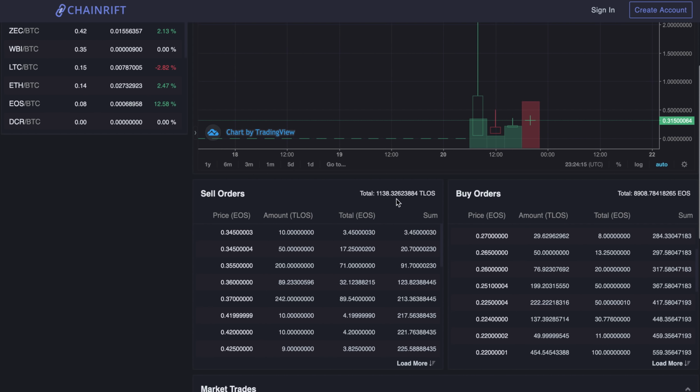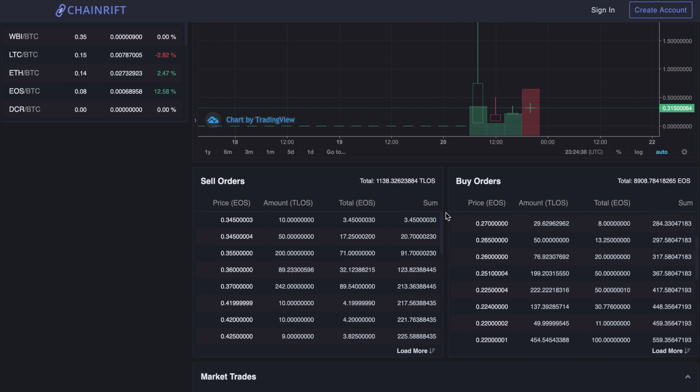If you look at this, it's only 1,138 Telos for sale, while the buy orders are 8,900 EOS. That means 3 times that if we consider the price of 0.3, or 4 times that. So you're looking at almost a demand for 32,000 Telos versus only 1,138 available for sale, and that is creating this kind of price.